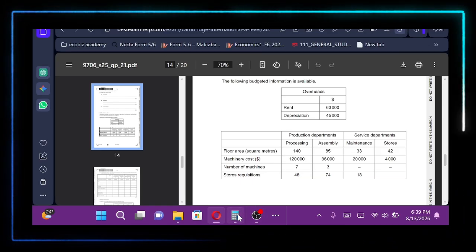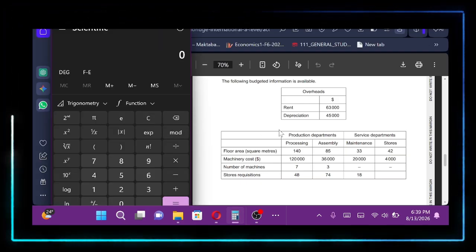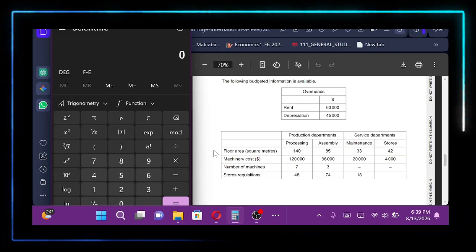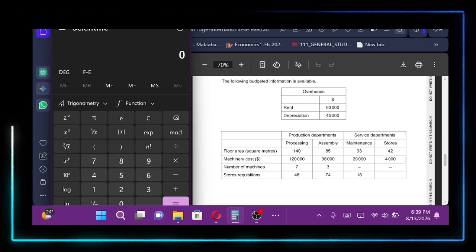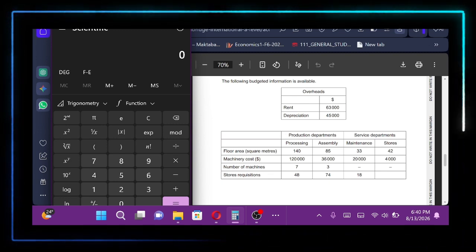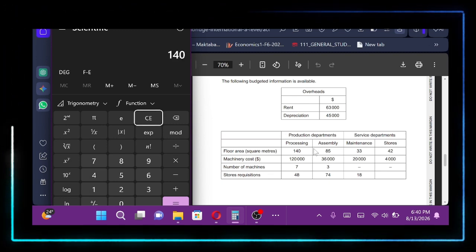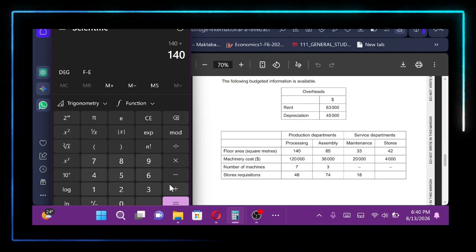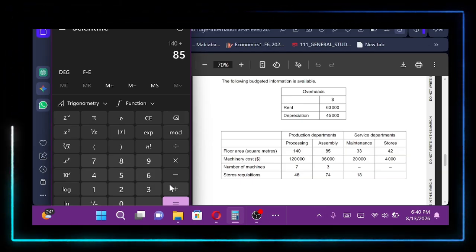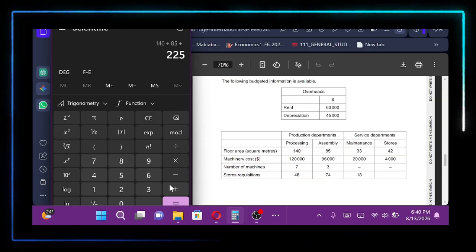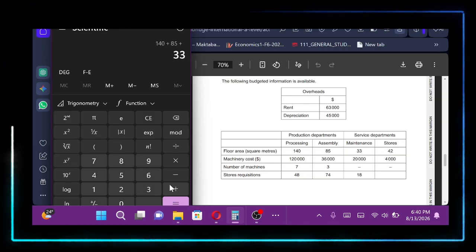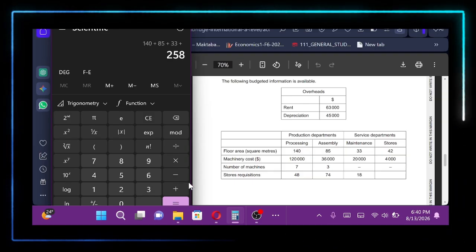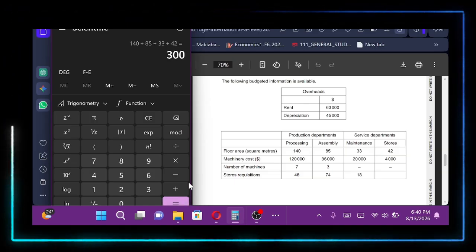So to solve this question, we're going to find the sum of the floor area of processing, assembly, maintenance, and stores. So 140 plus 85 plus 33 plus 42. We get 300.